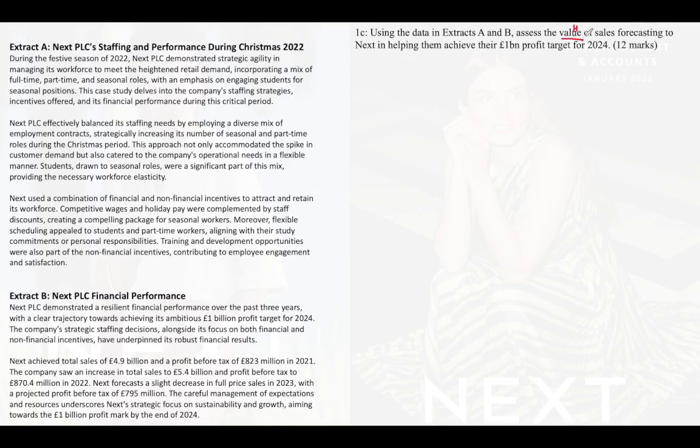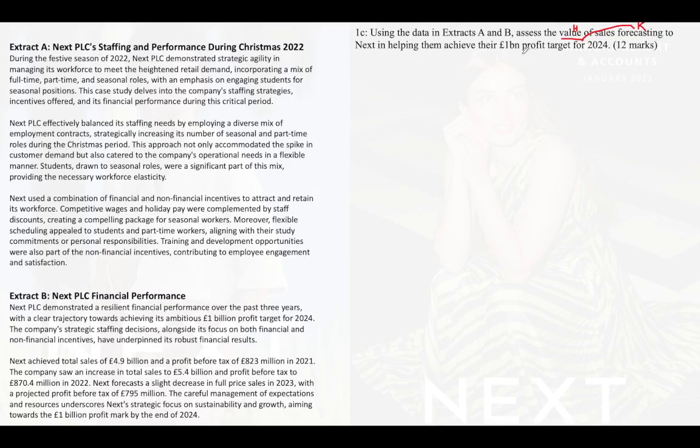Of sales forecasting, I'm going to put a K next to that because I need to define that at the beginning of my answer, to help Next achieve their £1 billion profit target for 2024. So we've done quite a lot on profit targets.